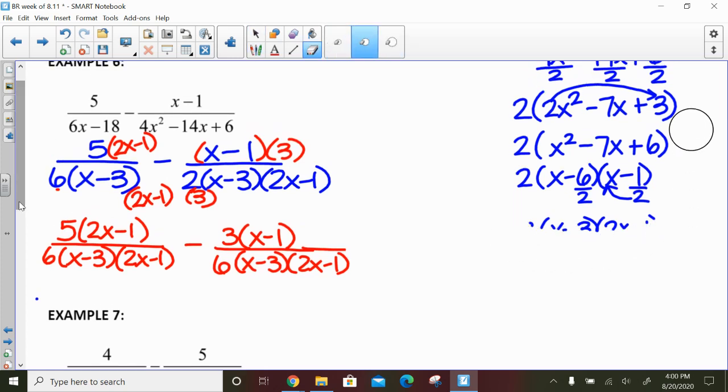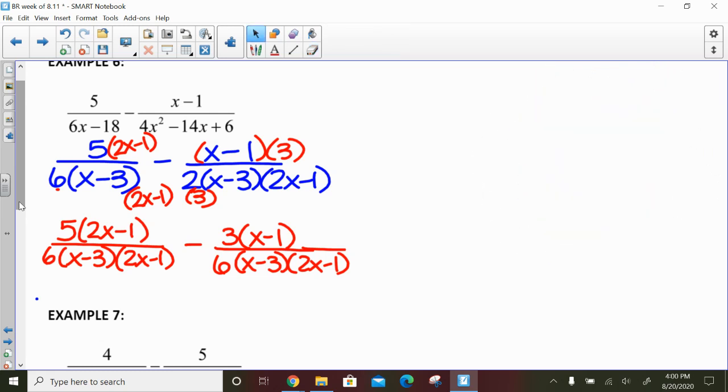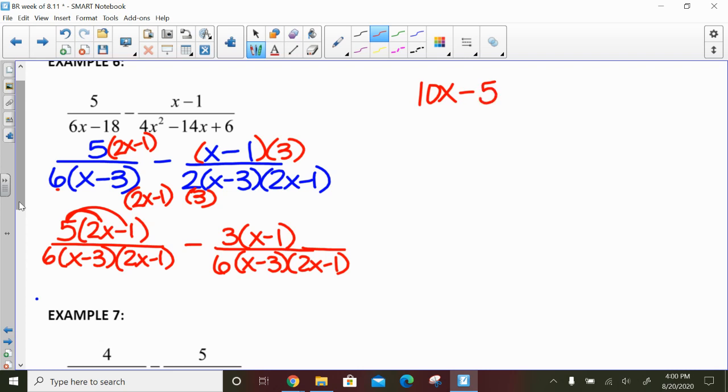So that's what I'm going to do. I'm going to erase this part over here. All right, so 5 times 2x is 10x, and 5 times negative 1 is negative 5. Then I'm going to keep going.